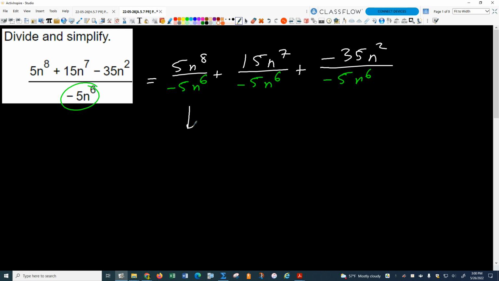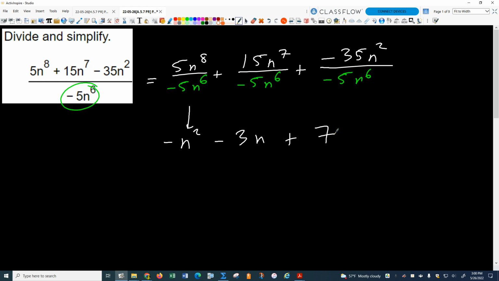Well, what's that first term going to be? You just divide the numbers to get the coefficient. So negative 1 and then n to the 8 over n to the 6 would be n to the 2nd. So negative 1 n squared, negative n squared. How about this one? N to the 1, right? And then finally, how about this last one? Negative over negative is positive, right? 35 over 5 is 7.